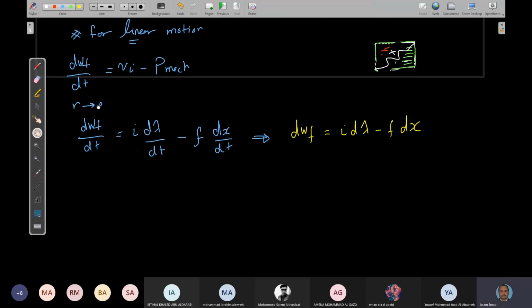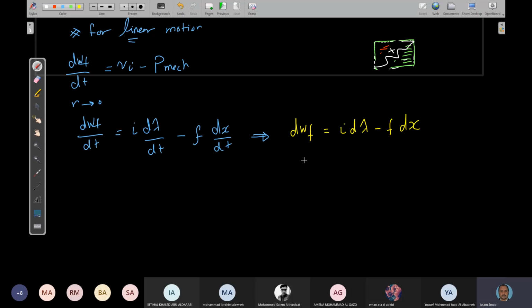So let's replot the I lambda curve. This is the I lambda curve, and let's assume that for a certain displacement I am here at x1. Now if the gap is changing, will this curve change or will it be constant?